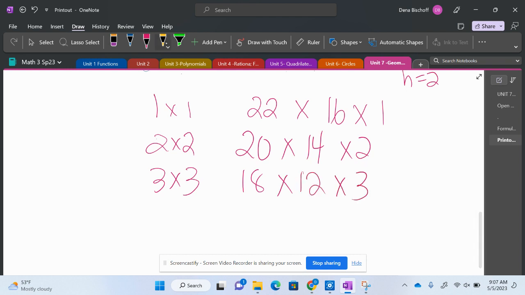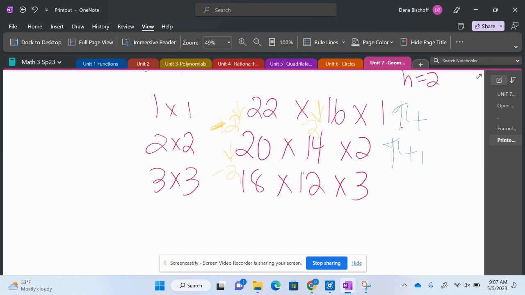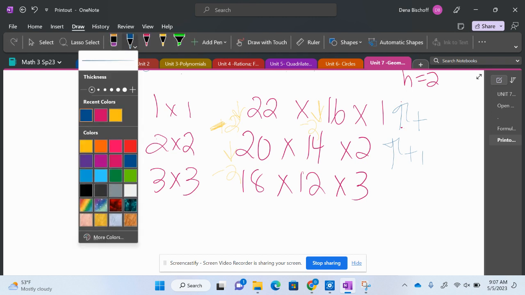So you should notice a pattern. Each one of these numbers is decreasing by 2, decreasing by 2, decreasing by 2. And the height of my box is increasing each time by 1, increasing by 1, increasing by 1. So we just made a pattern and wrote it down.